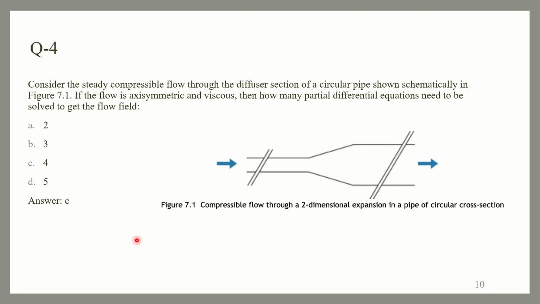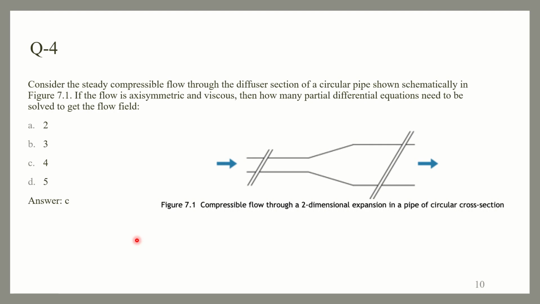we need to solve for the energy equation as well. Therefore, on the whole, we have four equations. That is one continuity equation, two momentum conservation equations, and one energy equation.